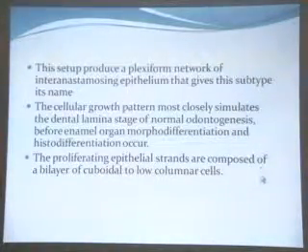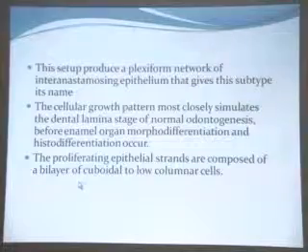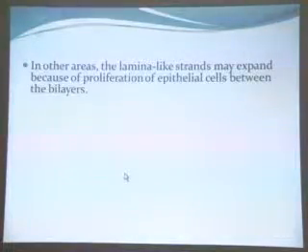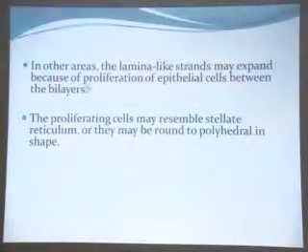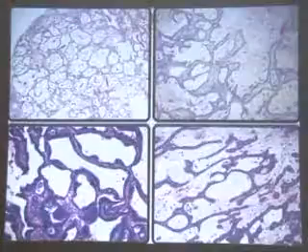Now the proliferating epithelial strands are composed of two layers, or a bilayer, of cuboidal to low columnar cells. In other areas, the lamina-like strands may expand because of the proliferation of epithelial cells between the bilayers, and these proliferating cells resemble stellate reticulum-like cells.